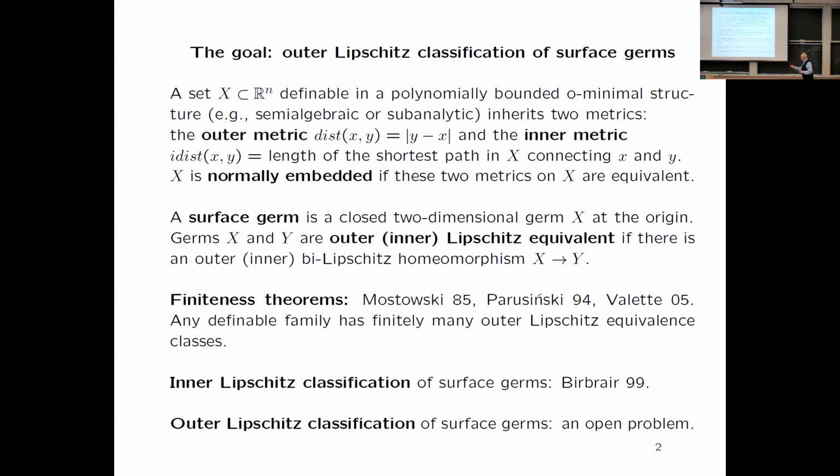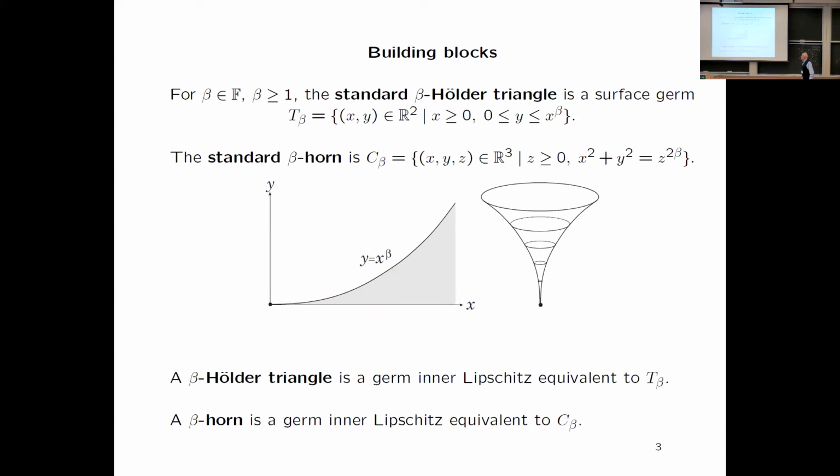So what are the building blocks? The analog of a simplex in this area is called the standard Hölder triangle. It's a germ bounded by two arcs, and the tangency order between the arcs is beta.